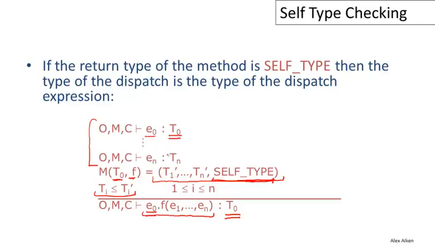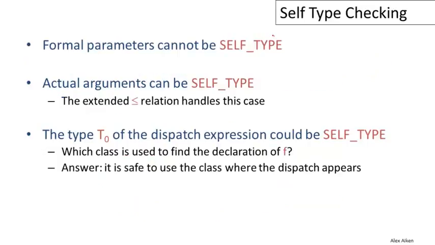So we simply use the type of E0 as the type of the entire dynamic dispatch. Now recall, the formal parameters of a function cannot have type self-type, but the actual arguments can, and the extended subtyping relationship will handle that case just fine.